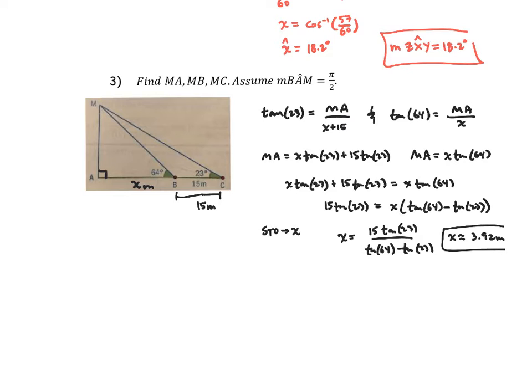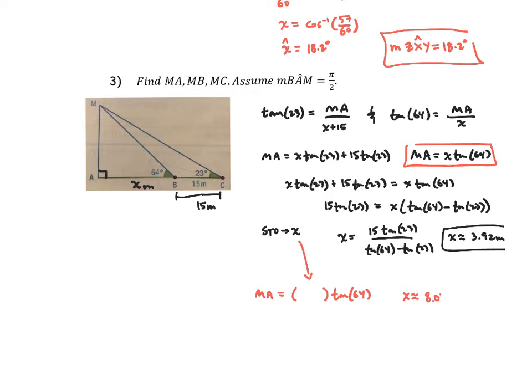Now let's solve for MA. When I want to solve for MA, I'm going to find the simplest expression for MA. So I'm going to take MA and set it equal to this value x, which I stored, and multiply that by tangent of 64. My calculator spits out an answer of 8.03.